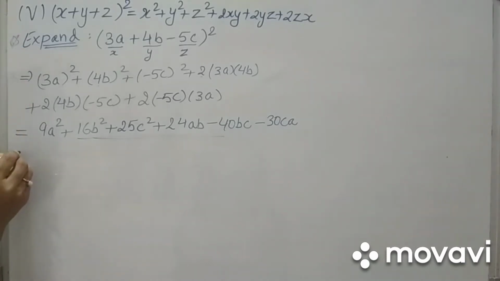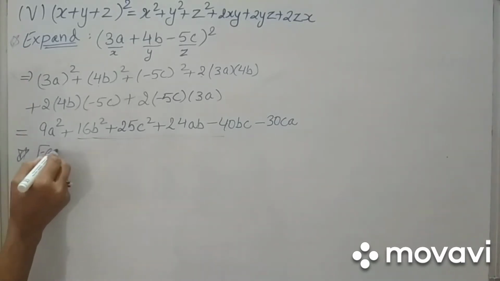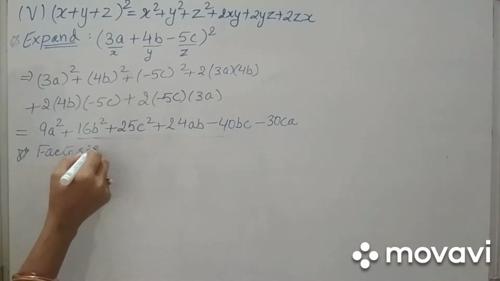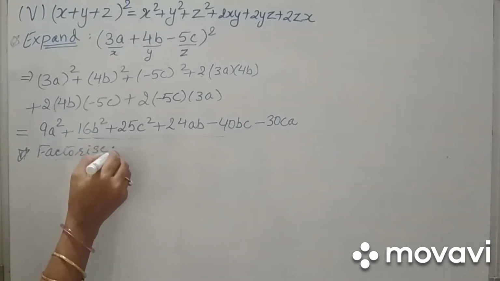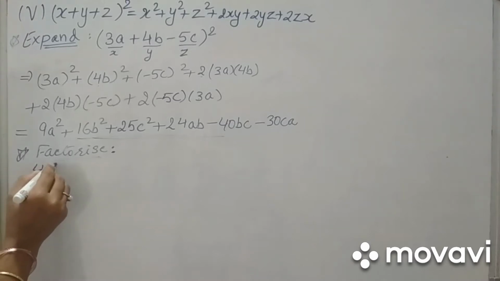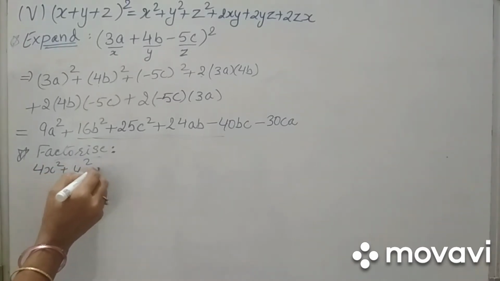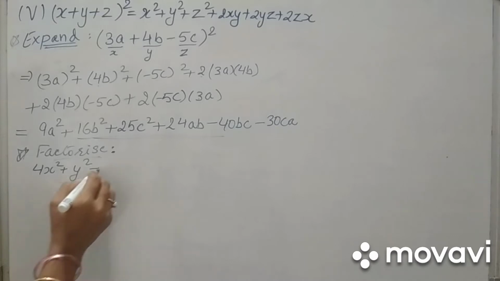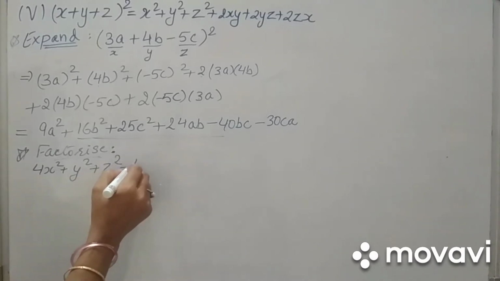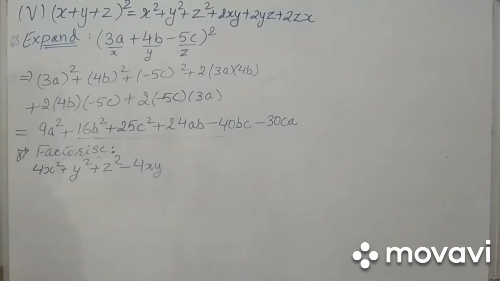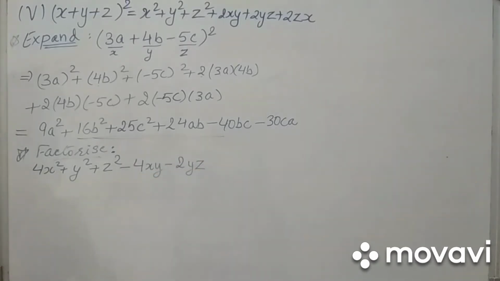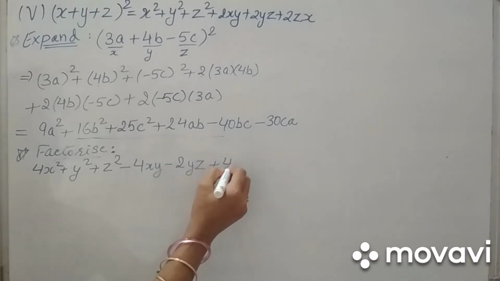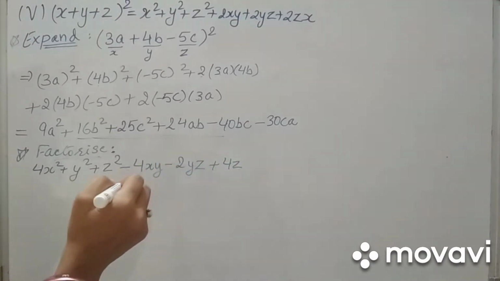Now if it is asked in the factorization form, the identity is the same only. Factorize it. The question appeared like this: 4x square plus y square plus z square minus 4xy minus 2yz plus 4zx.